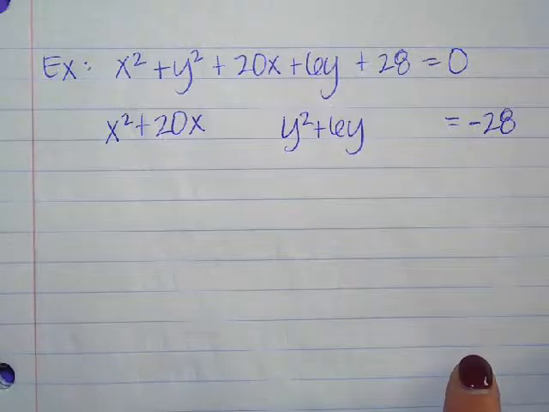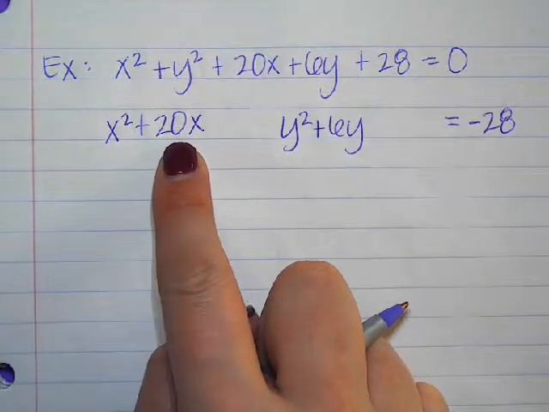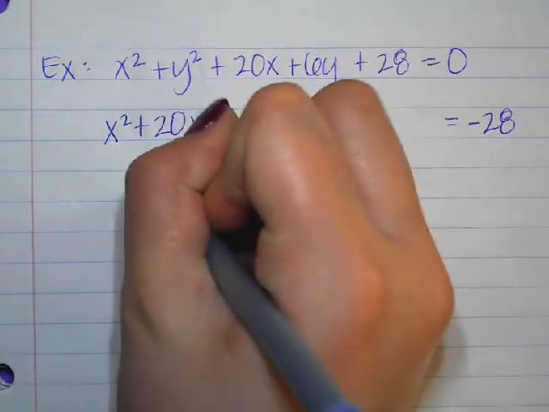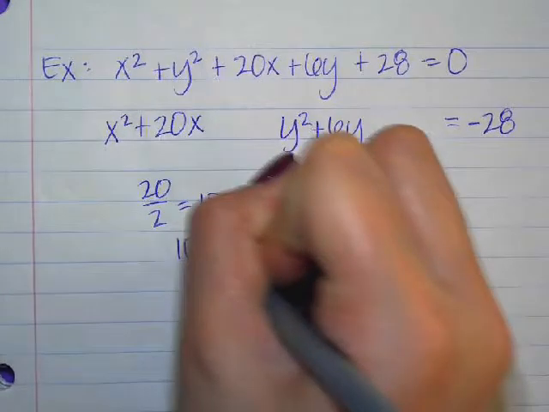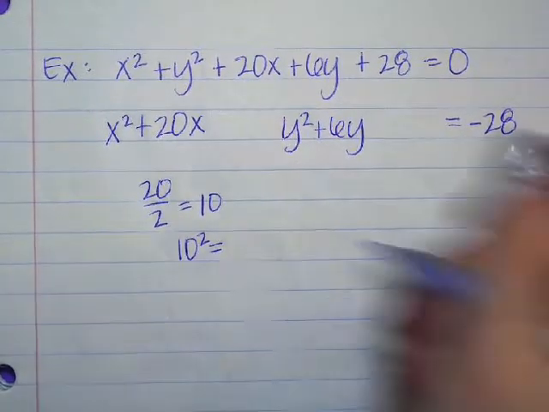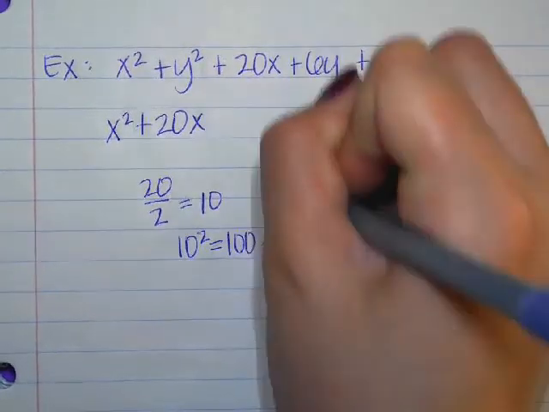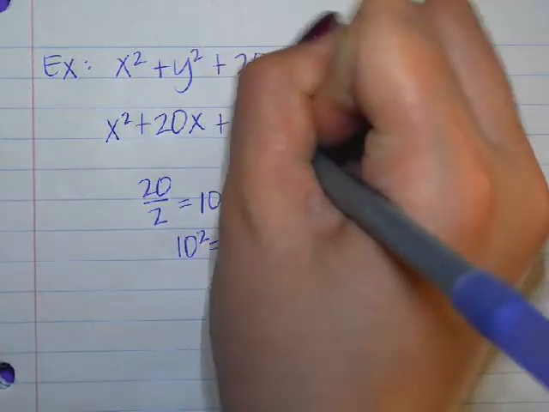And then we are doing the completing the square process. So we're going to take this and divide it by 2. So 20 divided by 2 is 10. And then 10 squared is 100. So I'm going to say plus 100.